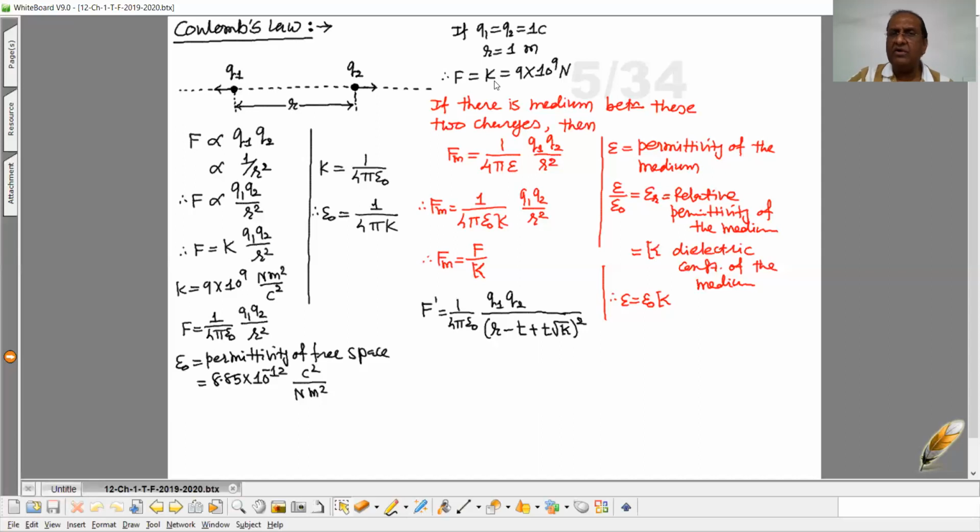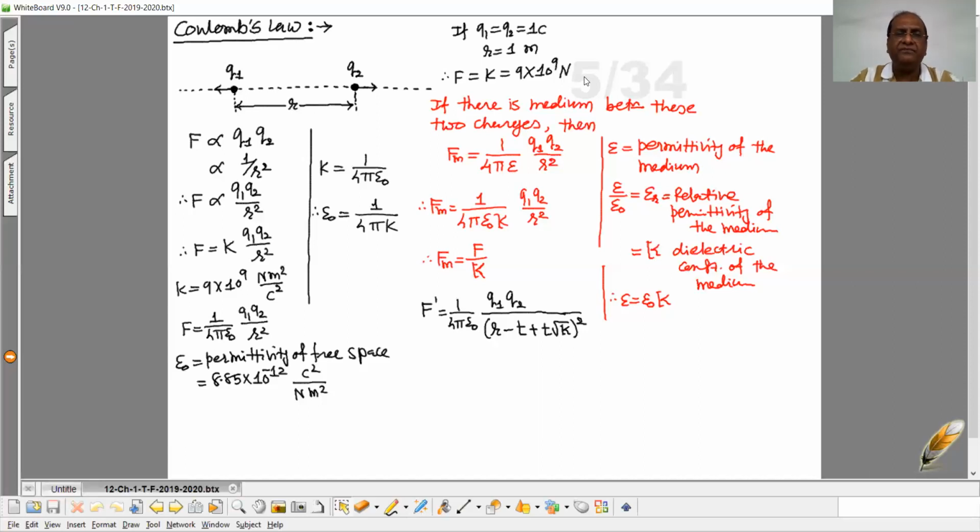Then F will be equal to K, that is 9 into 10 raised to 9 Newton. So from this we can say that if two identical charges, or two charges with equal magnitude, are separated by 1 meter and the force between them is 9 into 10 raised to 9 Newton, then the charge on each one is 1 Coulomb.